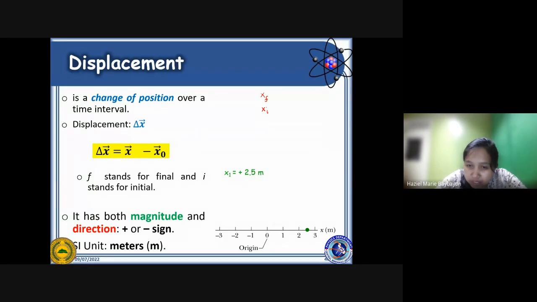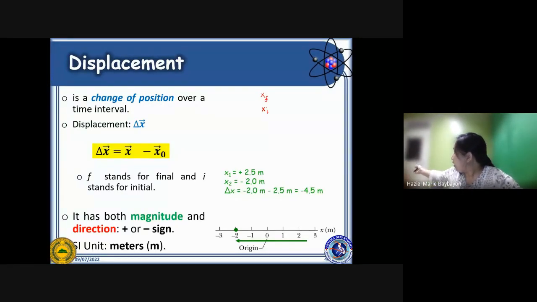Now, after some time, it moves and its final position is at x sub 2, which is at -2 meters from the origin. Okay? So the displacement, delta x, is equal to x final minus x initial. So we will get -4.5 meters.